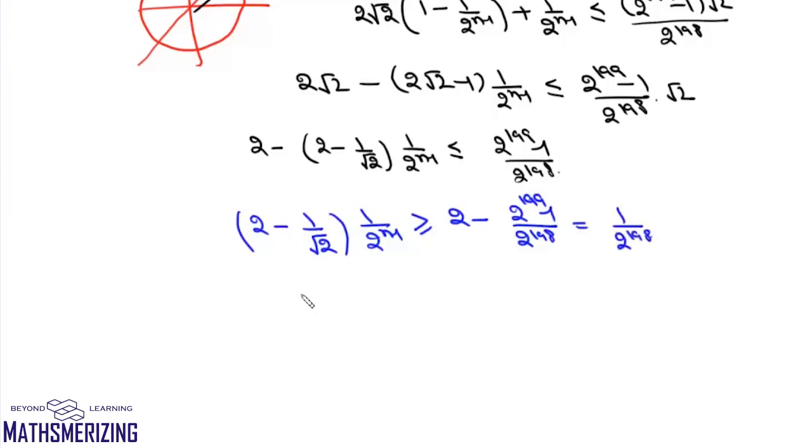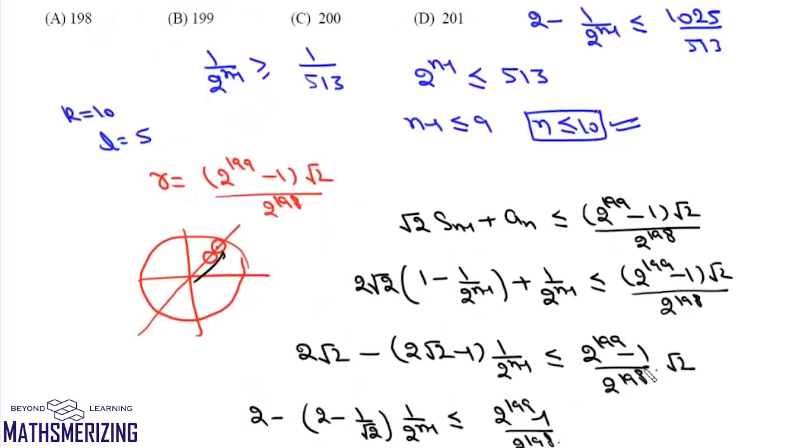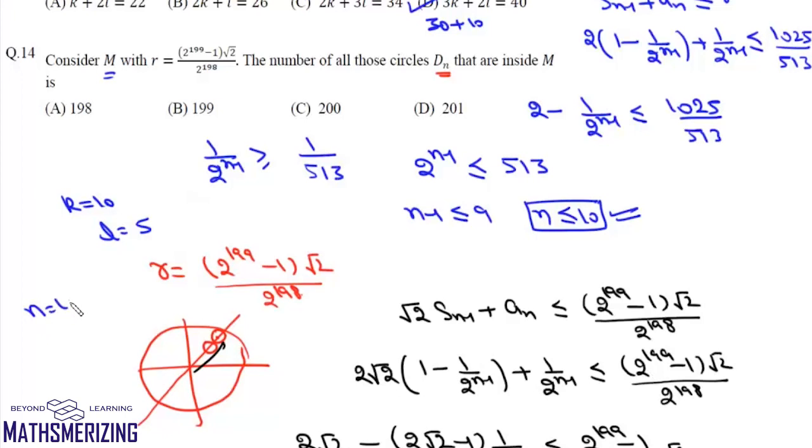So from here we'll get this condition that 2 minus 1 by root 2 into 2 to the power of 198 will be greater than or equal to 2 to the power of n minus 1. Now this value is less than 2. That means n minus 1 must be less than or equal to 198. So this n is less than or equal to 199. So the maximum value of n is 199. So the number of all those circles which are inside M is 199, and that's your option B.